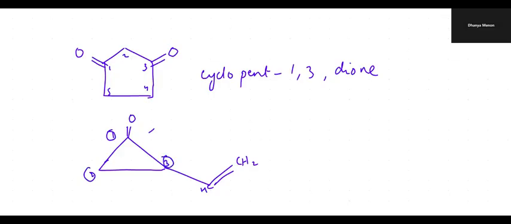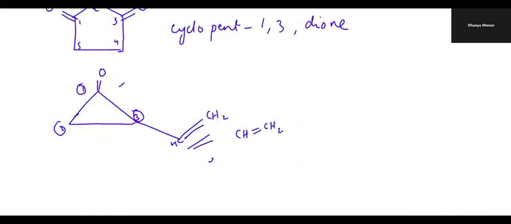This group, CH=CH2, is our substituent. So this is ethene. Ethene, because as a substituent I use -yl, ethenyl. So N and Y are coming near each other, and I'm removing this E.